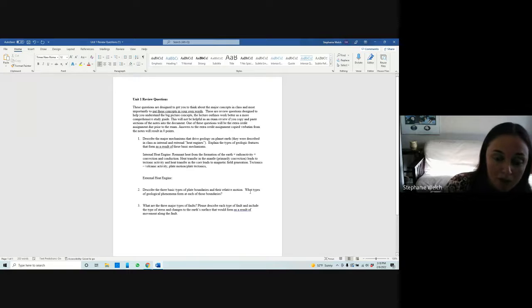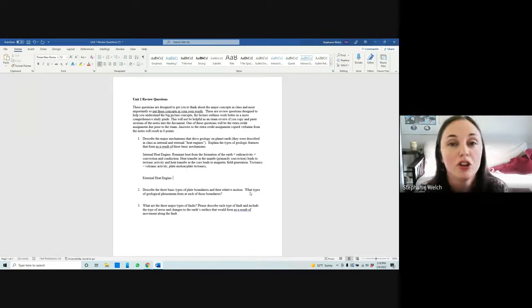So there are many, many different ways that you could phrase this, and you could phrase this entire concept of internal heat engine completely differently, and still it would be effectively the right answer, as long as it's including something related to the idea that the interior of the Earth is hot, the interior of the Earth drives convection, so that's heat transfer, where hot material is rising, cold material sinking back down.